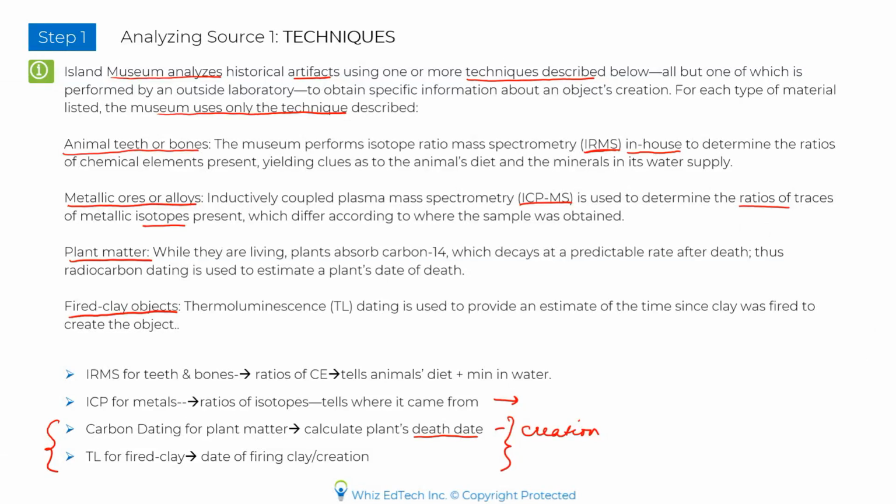So let me know if the note making is clear. There is a poll which I have put out. I don't know if the poll is visible to all of you or not. Let me know if the explanation is clear, guys, so that I can move to the next tab.